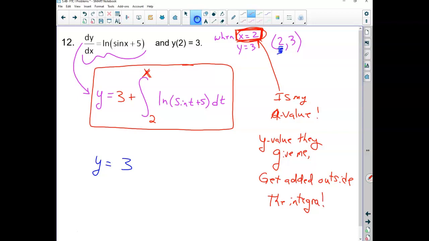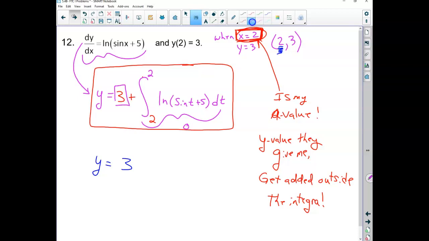Why? Because when I come up here and I replace my x and I evaluate that, and I plug a 2 in there, I want that integral value to be 0 so I can tell it what to output for me. That's how I write a function defined as an integral.